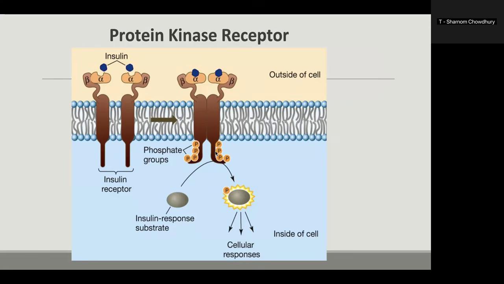Now that there are phosphates here, an insulin response substrate can come and take a phosphate from the kinase. Once the substrate is phosphorylated, it causes cellular responses within the cell. Normally this kinase is inactive, but insulin binding activates it, causing autophosphorylation, causing a substrate to be phosphorylated, and then allowing for cellular responses to occur.